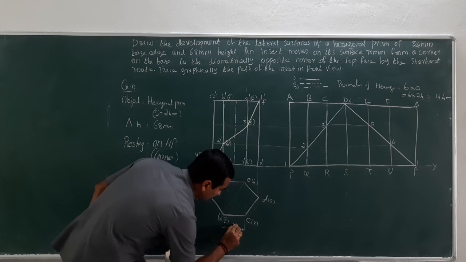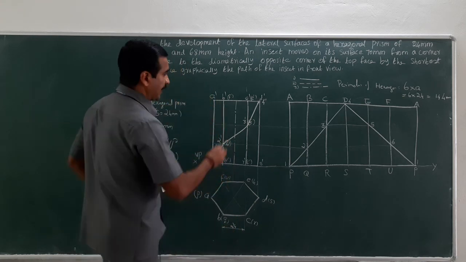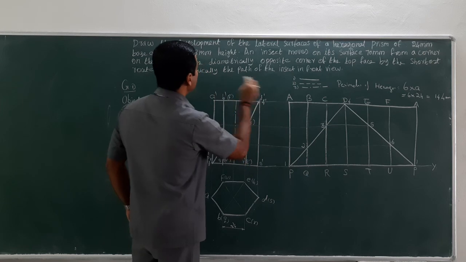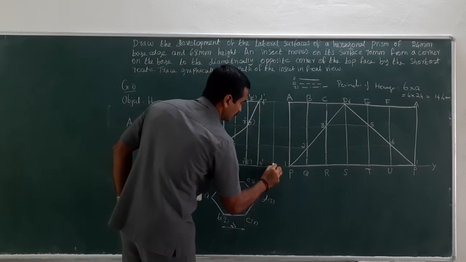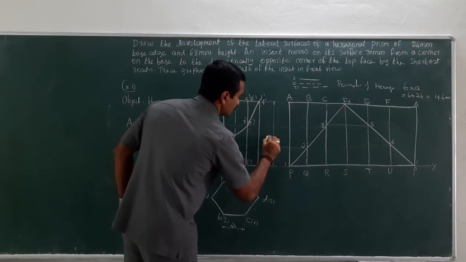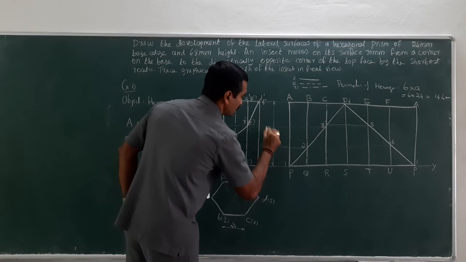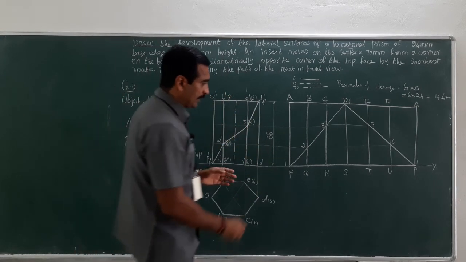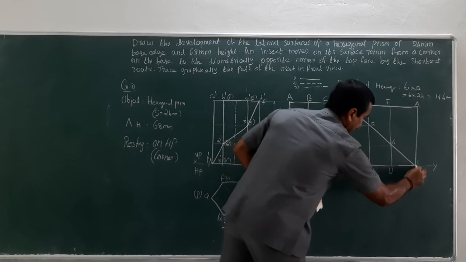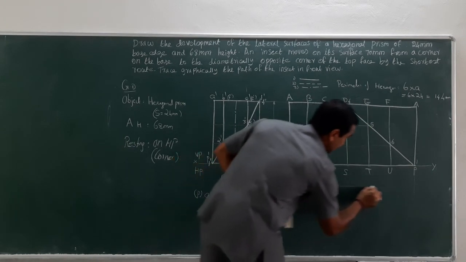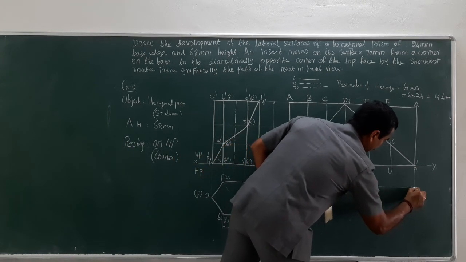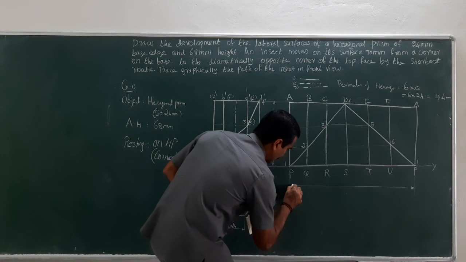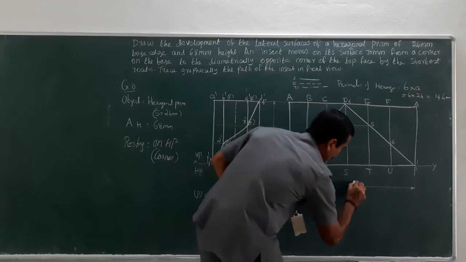The axis side is 68 mm. And the length of the development of the lateral surfaces, the total length, would be the perimeter of the hexagon, which is 144, isn't it? So which is 144.